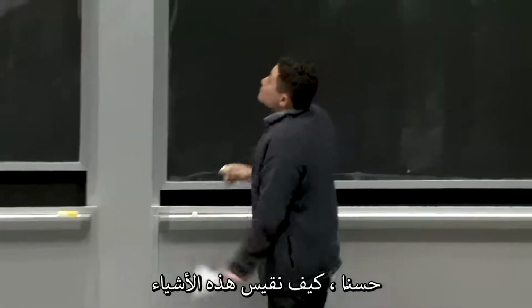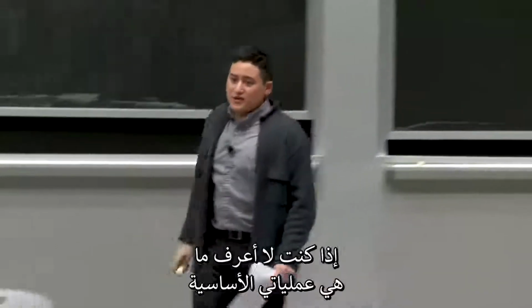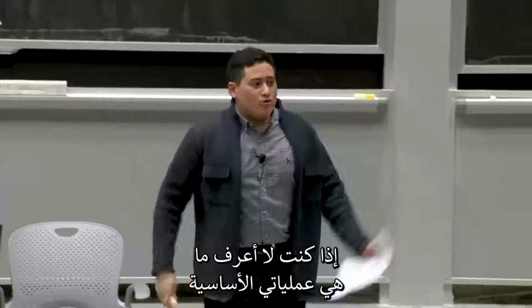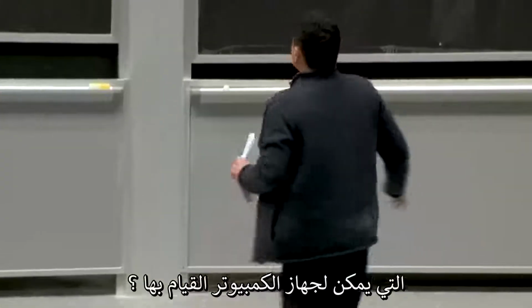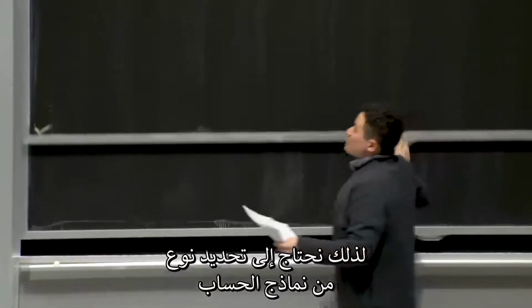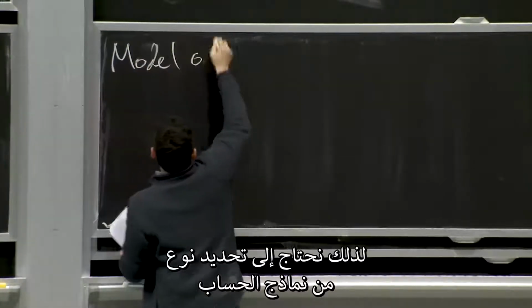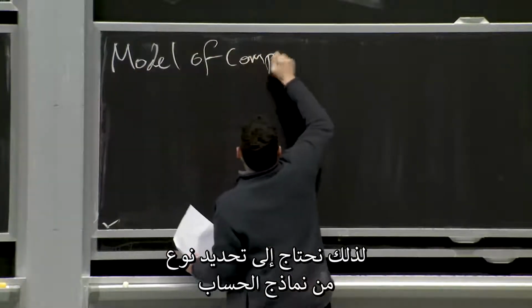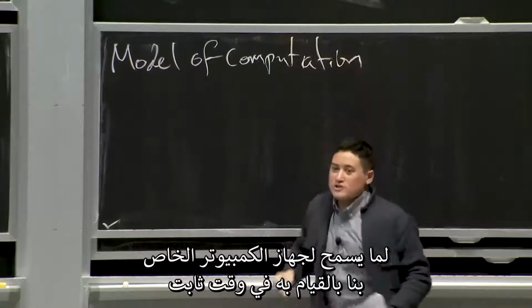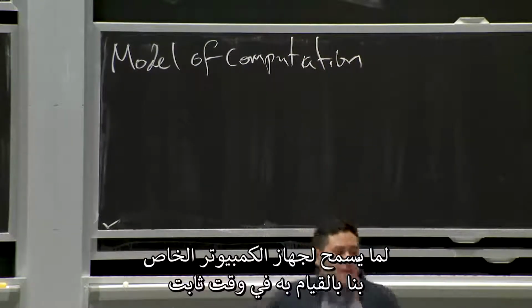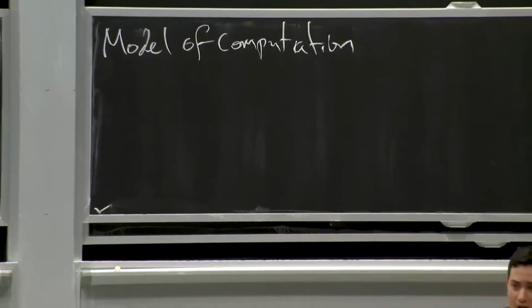All right, so how do we measure these things if I don't know what the fundamental operations are that my computer can use? So we need to define some kind of model of computation for what our computer is allowed to do in constant time, in a fixed amount of time.